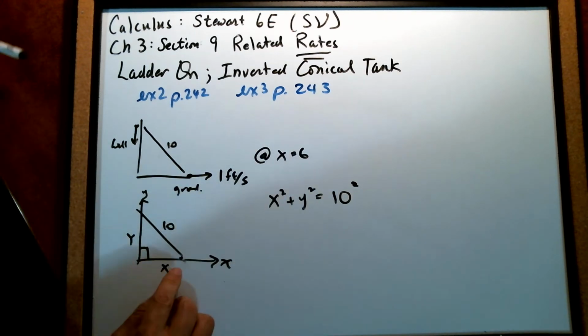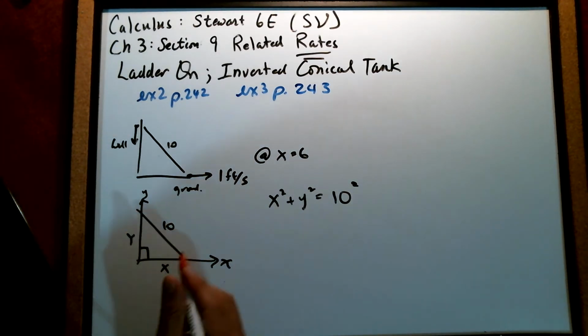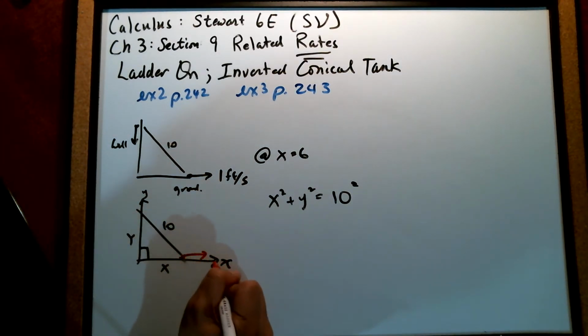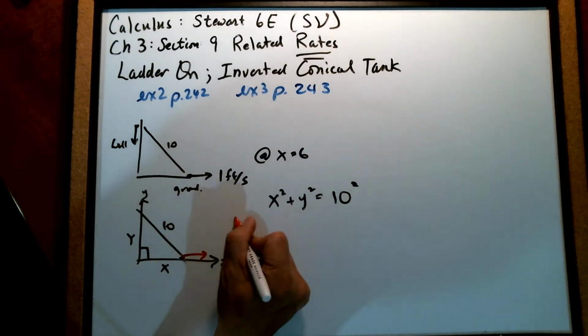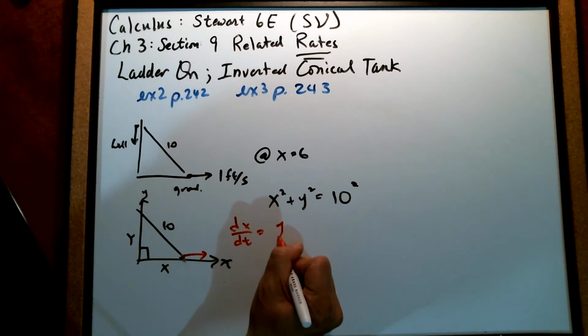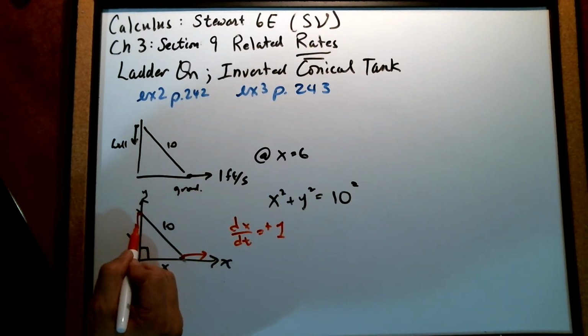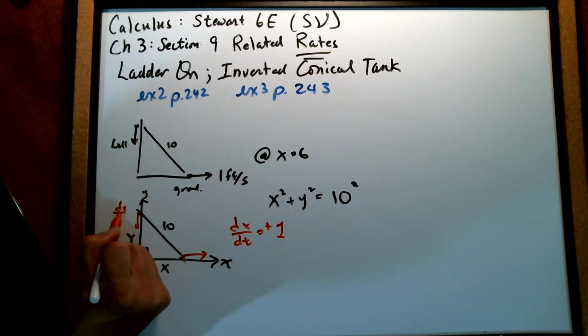Now it says it's going this way at 1 foot per second, right? So how do we write this in mathematical notation? Well, if it's going in the x direction, it's dx over dt. That's going to be 1, positive. This going down, it's going to be dy over dt, right?